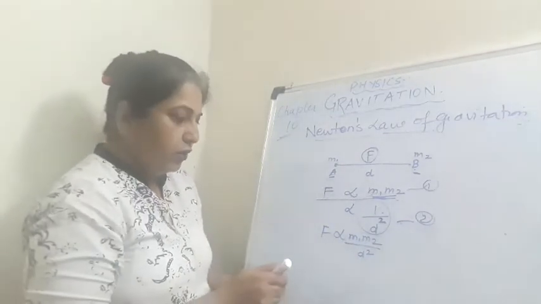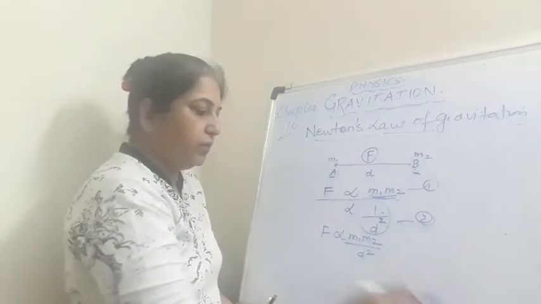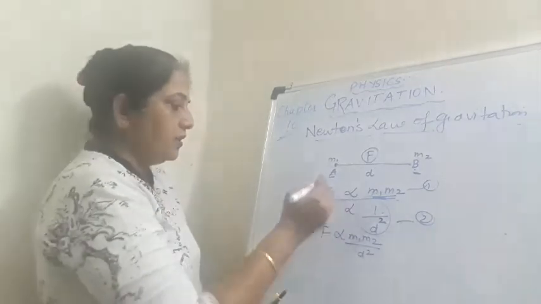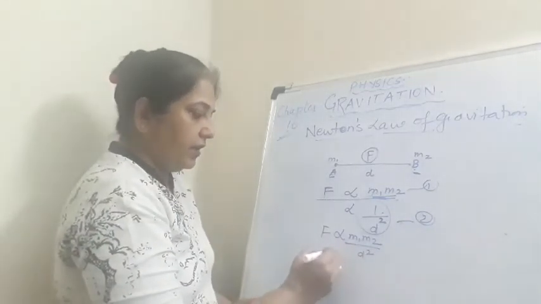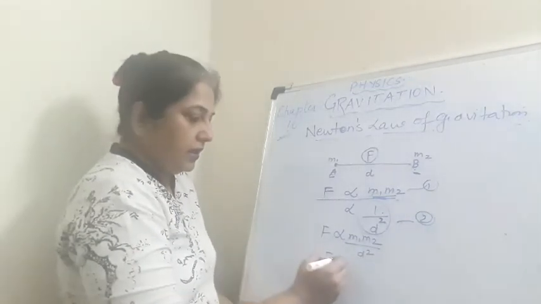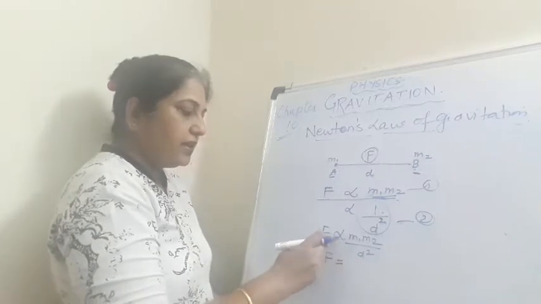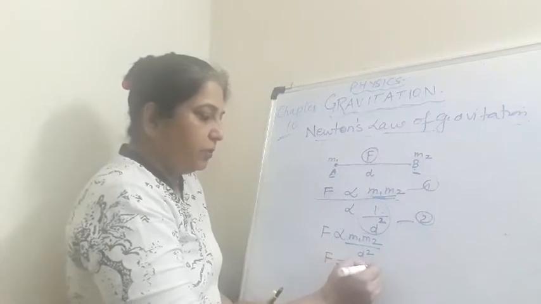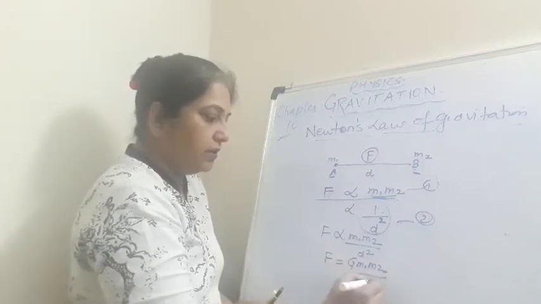Now, as I told you before also, when we have to remove the proportionality sign, we have to put a constant. So let us put a constant here. We have F is equal to, the directly proportional sign changes to equal to, and this becomes capital G m1 m2 upon d square.